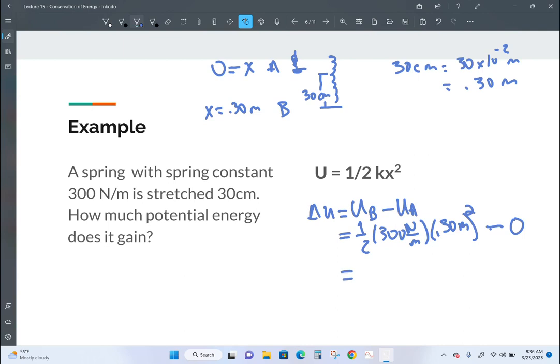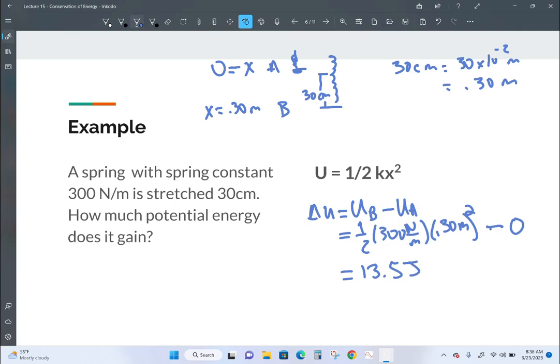So that's going to give us 0.3 squared times 1/2 of 300, and that should give us 13.5 joules of energy.